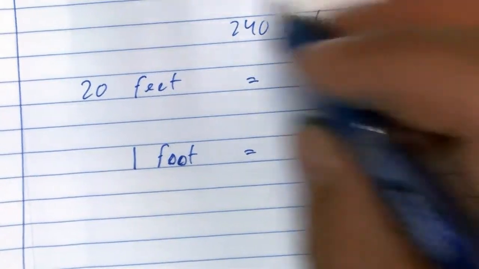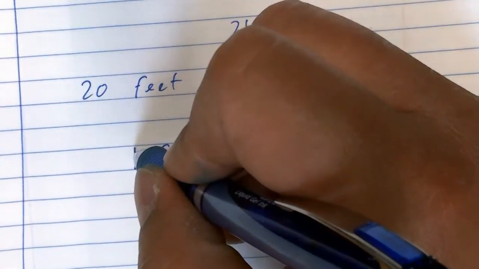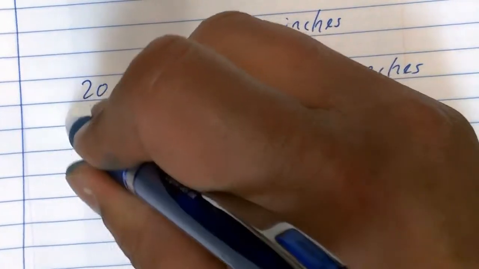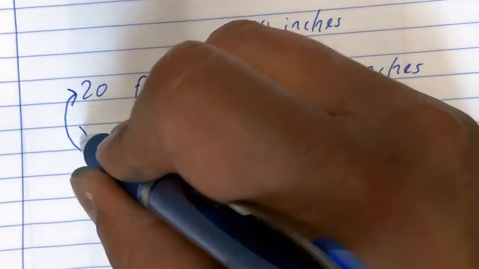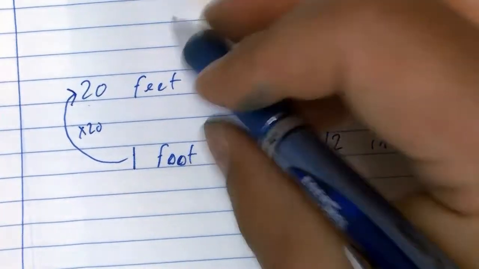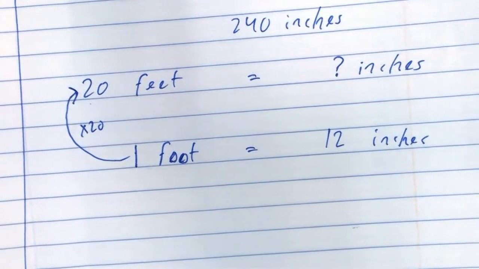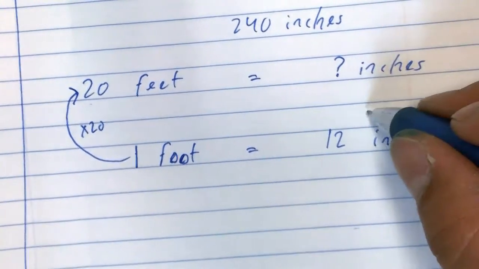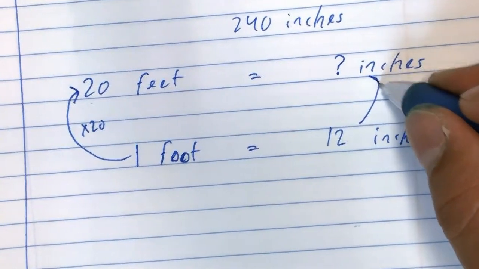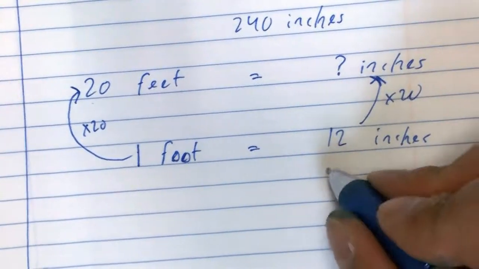Very similar. You can ask yourself, to go from 1 to 20, what do I have to do? I multiply by 20, right? Now, I can do this because the units are the same. And then same thing here, 12 times 20.